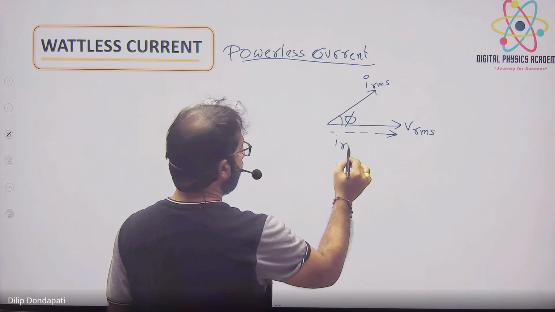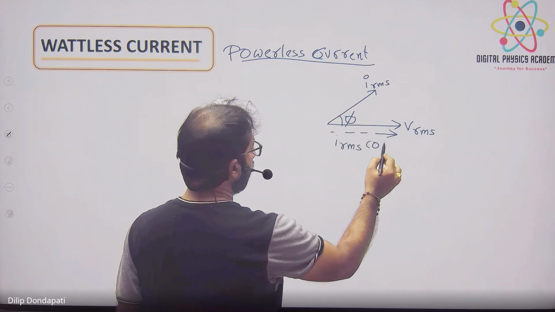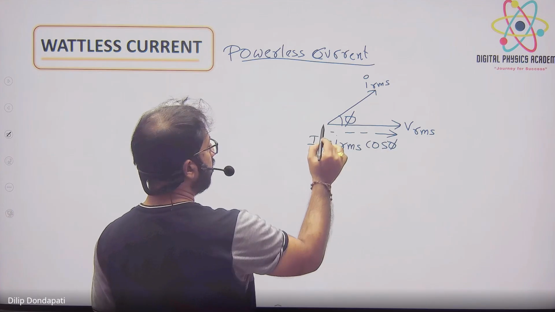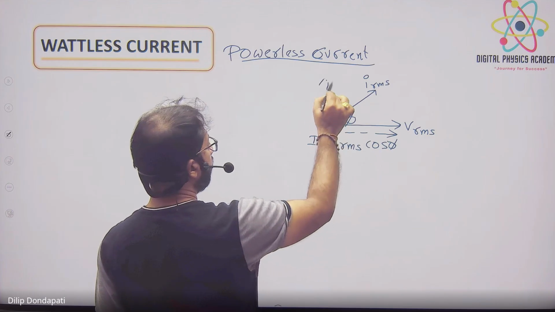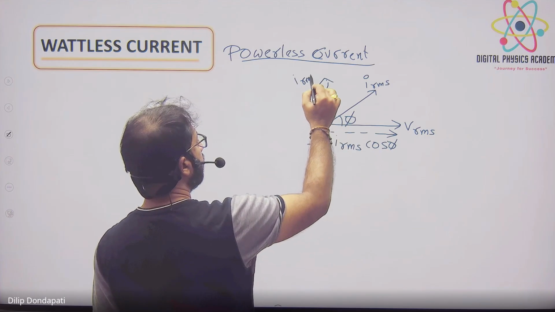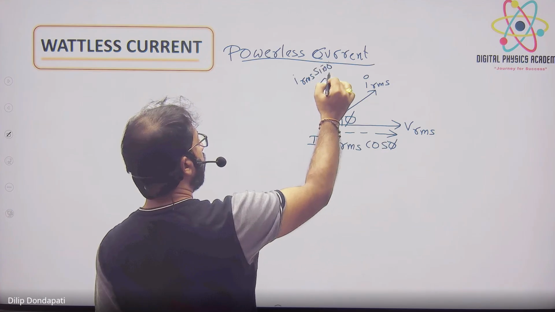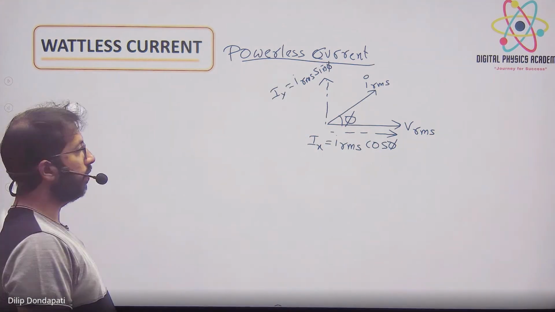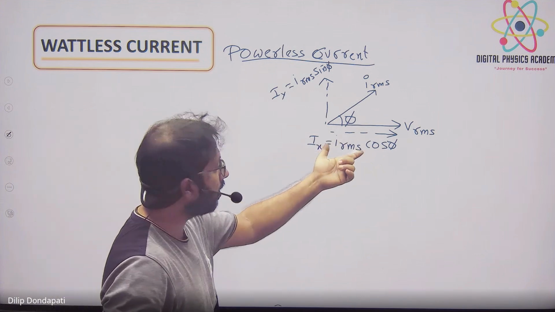IRMS into cos phi, I call that IX, in the x direction. Similarly, IRMS sin phi, I call that IY.